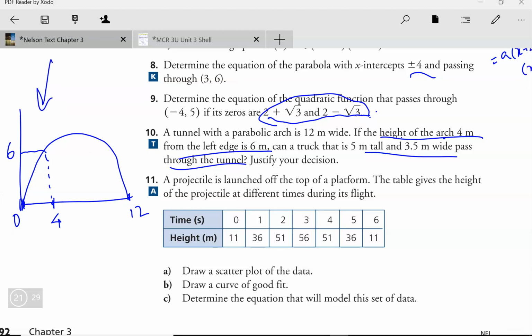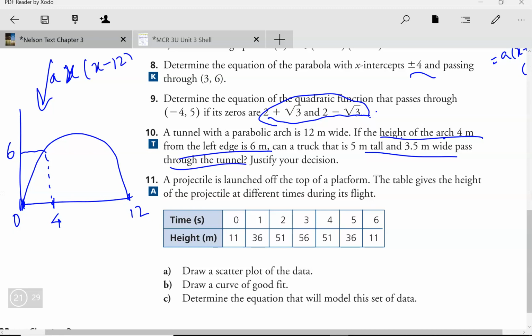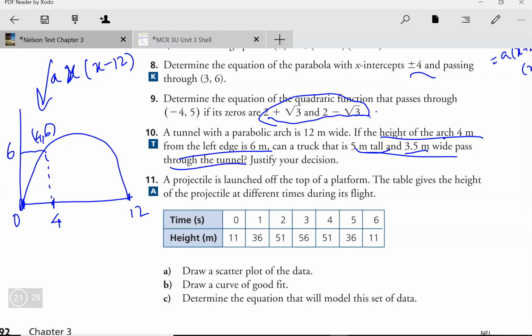You say y equals a times x times (x minus 12), sub the point (4, 6) inside, and blah blah blah. But okay, what are you really given? 5 meters tall, 3.5 meters wide. And ideally, the truck just has to pass through. We're not talking about where.